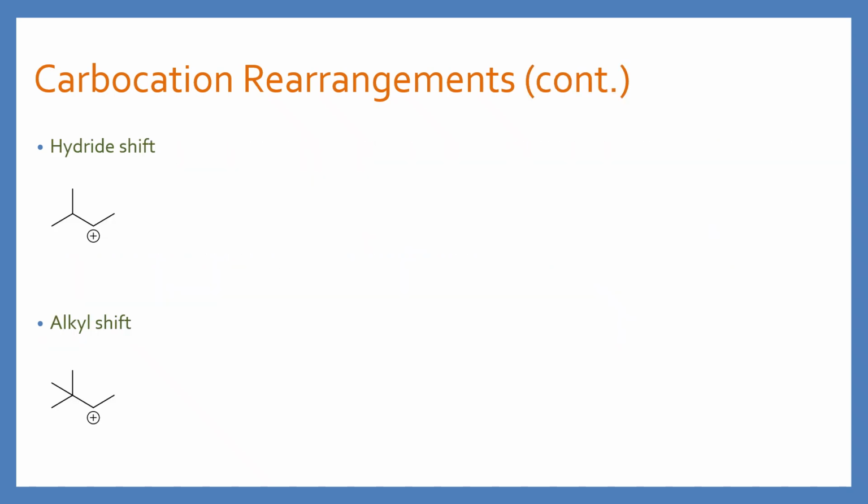So let's look at how those rearrangements actually work. In this example, we are doing explicitly a hydride shift. And the typical setup for a hydride shift is that you have a secondary carbocation next to a tertiary carbon.